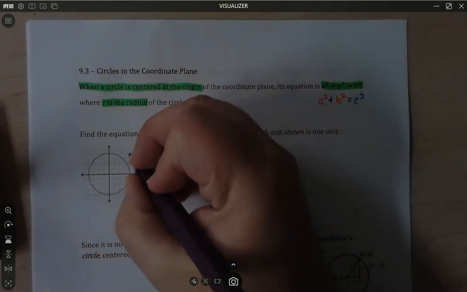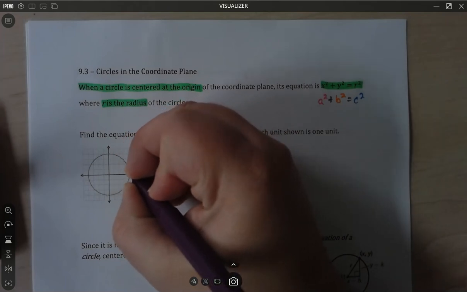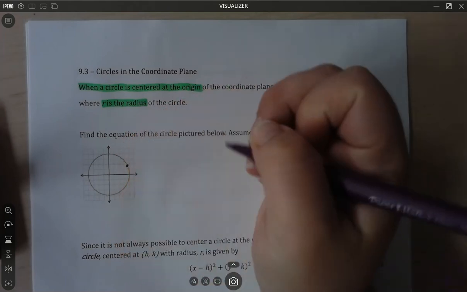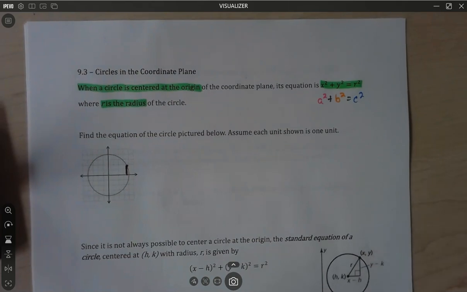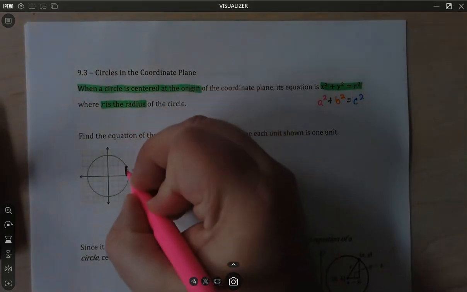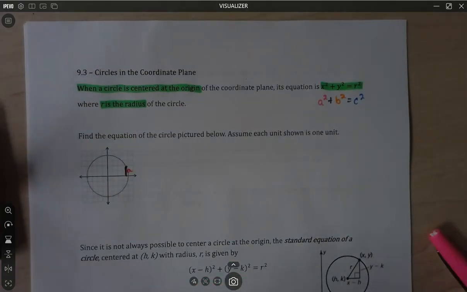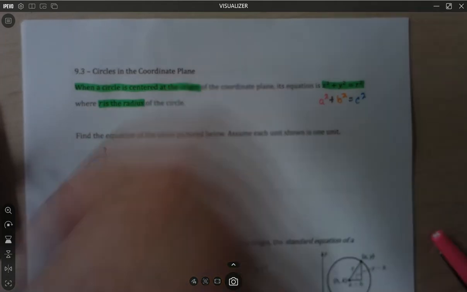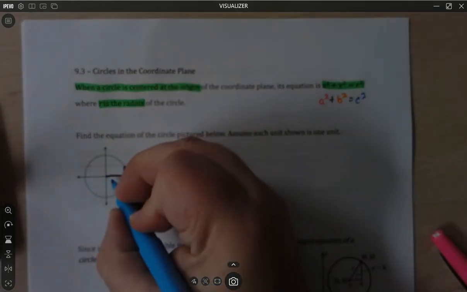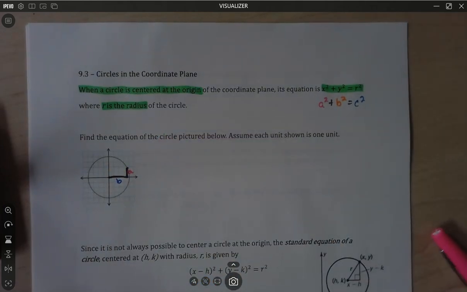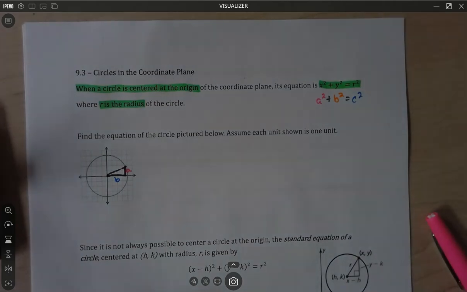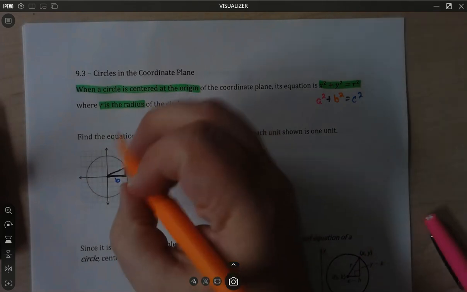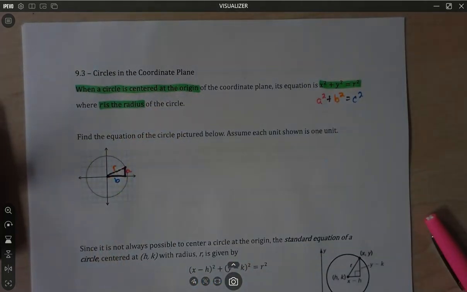Okay, if I take something like this, and let's just pick some point, say that that's R, I would go up and down to find maybe my B or A. Left and right would give me my other one, so that's B. And then here, oh, I used the wrong coloring, but the distance from the center is R. That's my distance out to that point.